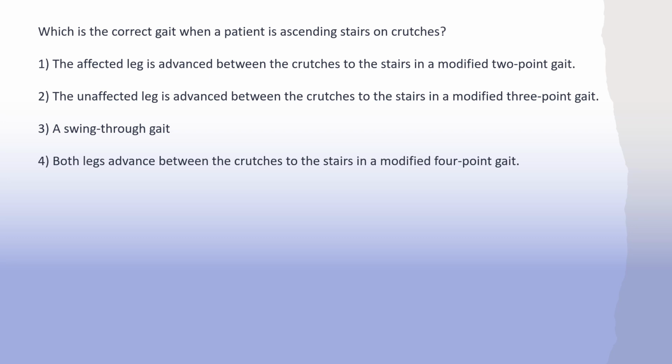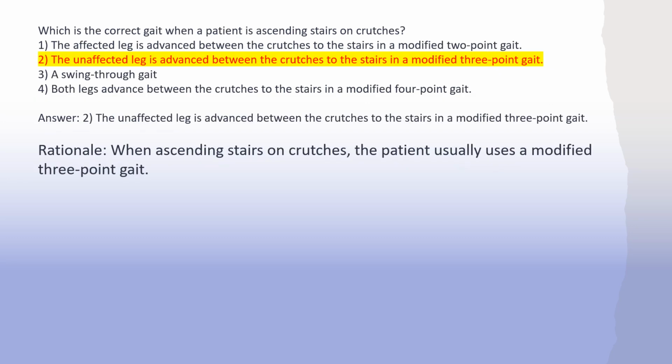Both legs advance between the crutches to the stairs in a modified 4-point gait. Answer 2. The unaffected leg is advanced between the crutches to the stairs in a modified 3-point gait. Rationale: when ascending stairs on crutches, the patient usually uses a modified 3-point gait.